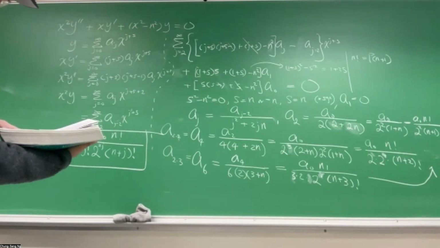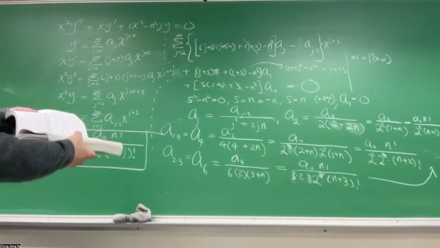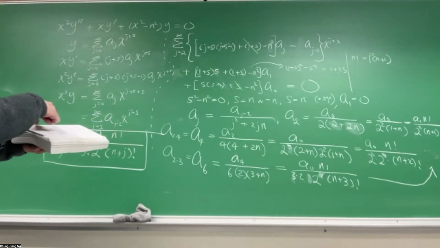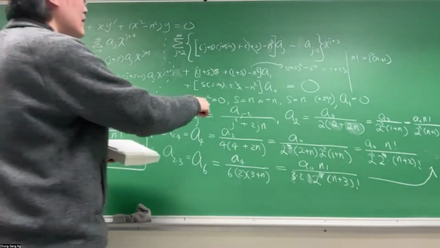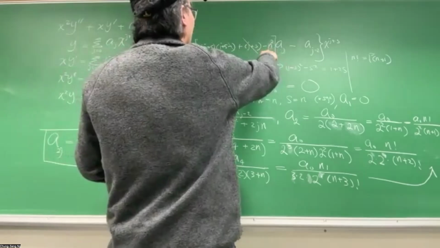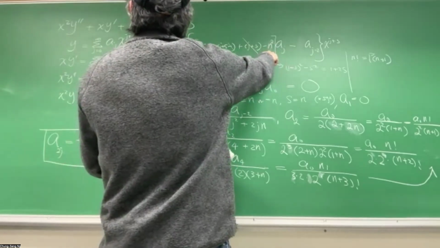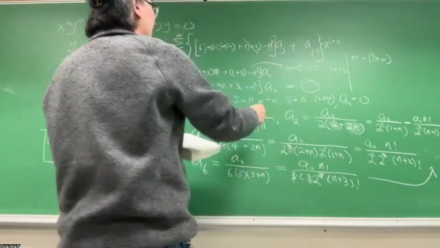Why did I get the sign wrong? x square is plus, so it is plus aj minus. The last term is plus there, that's plus aj. Because it's x square minus l. So x square is plus. Yeah, this is plus, yeah.